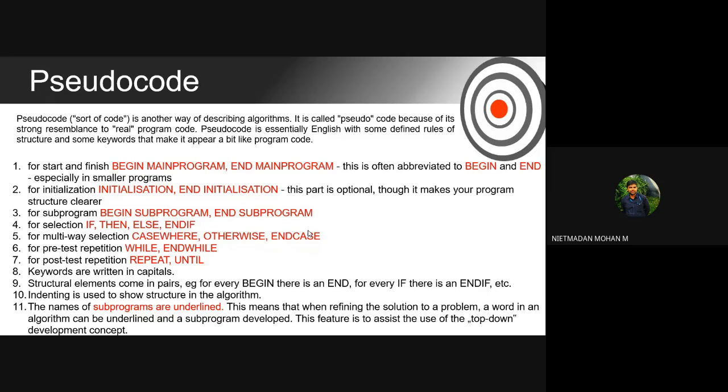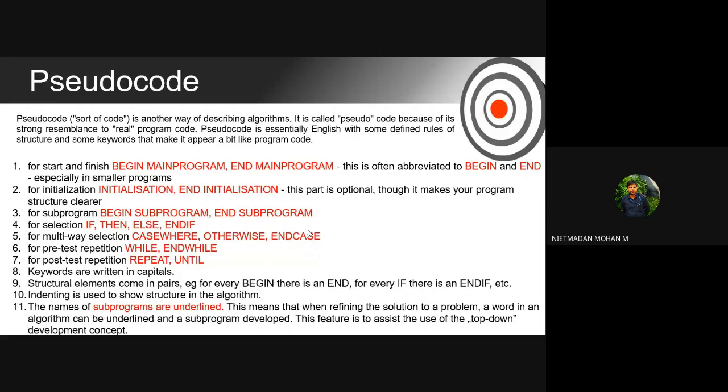With pseudocode, some rules, some structure and some keywords are defined. Based on the rules, structures and keywords, you write an algorithm, find the errors and rectify them. That is the difference between the algorithm and the pseudocode.